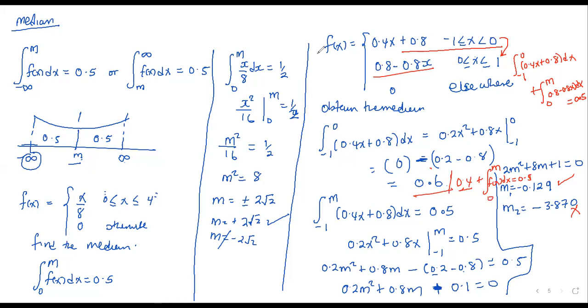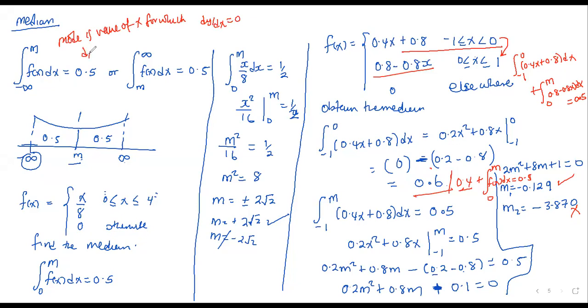Any other concern? Yeah, okay. The last one I can comment on is mode. For the mode, you just differentiate. The mode is the value of X for which the derivative, the Y with respect to X, is 0.